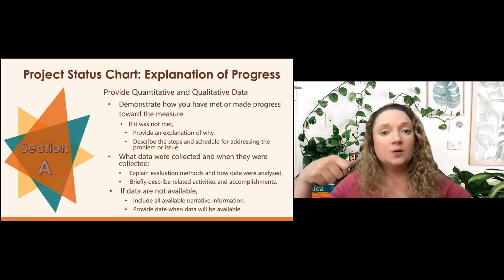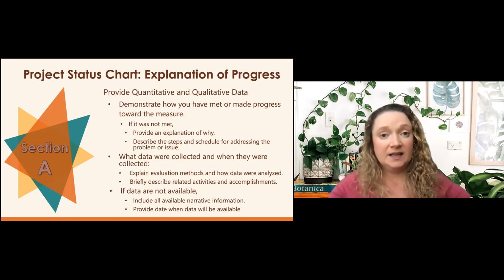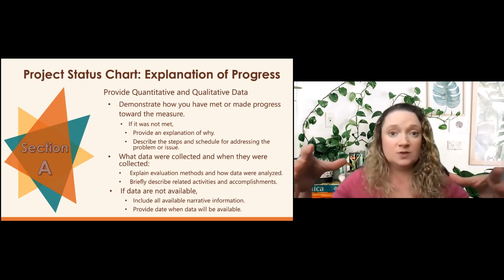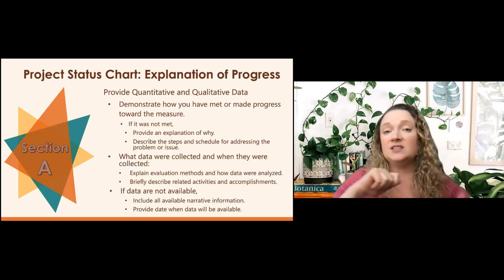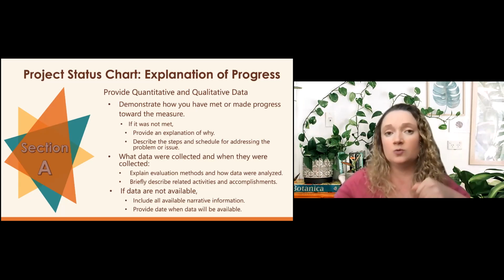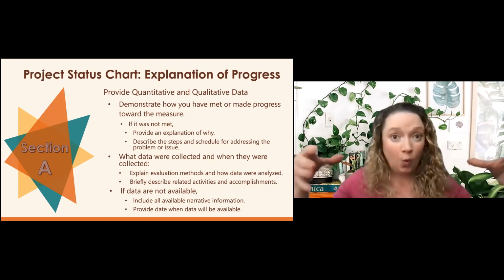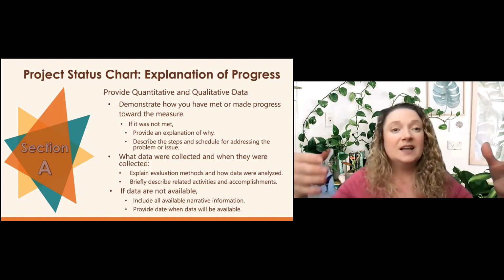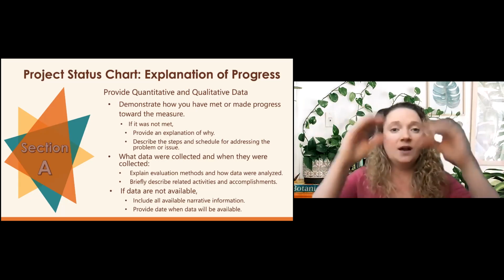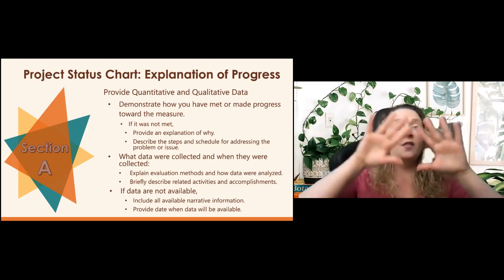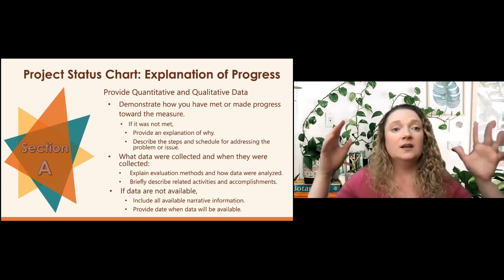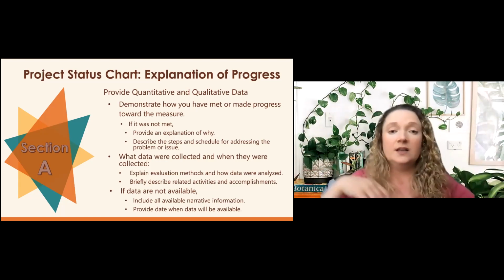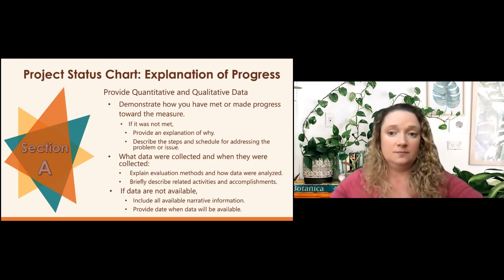But if you've been working to put together your plan for what you're going to use to measure academic achievement, and you've been putting together data sharing agreements with your local school district, then you've been working on that. And that's all great information to put in there, even though it's not the quantitative part that goes at the top. It's all that other stuff that you've been doing that relates to it. Include all that information.